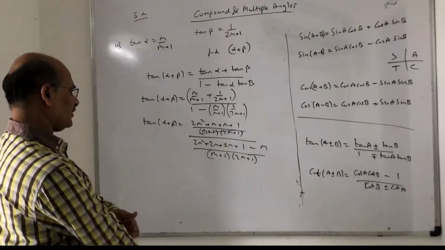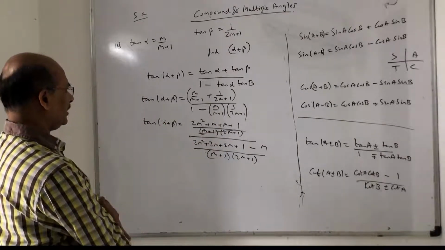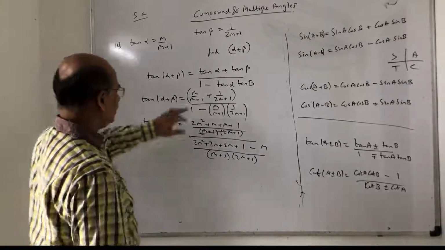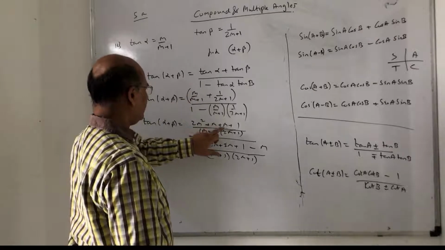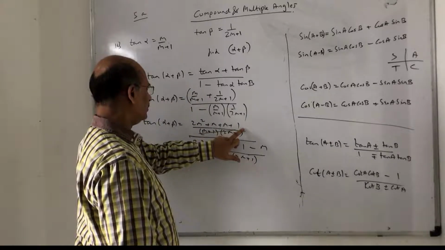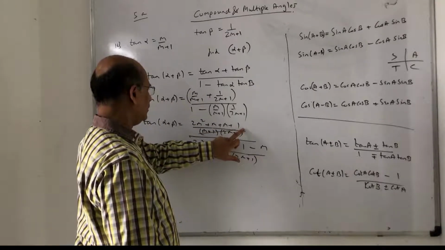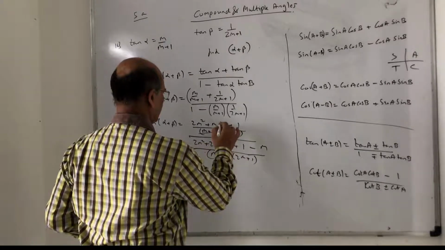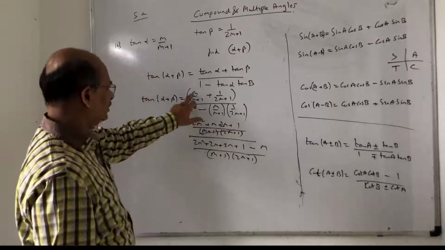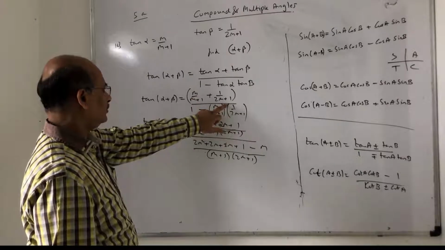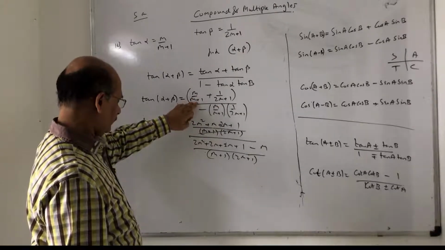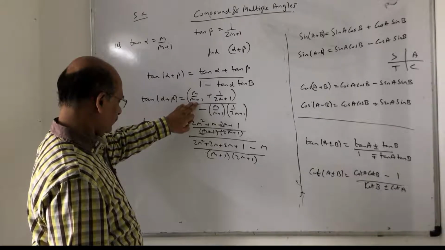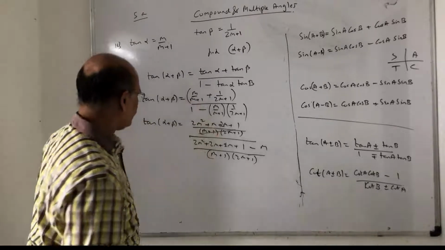Right? So what will happen now here? There is some error here, one second. This will be 2m square plus m plus 1 plus 2m plus 1, because you find the LCM here, right? So what will happen now?